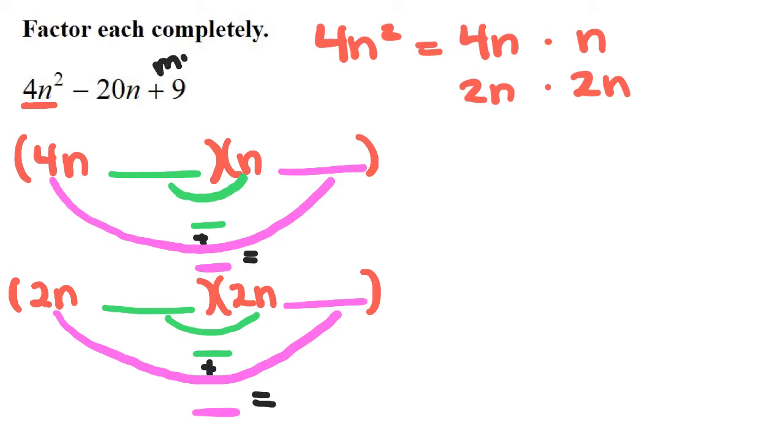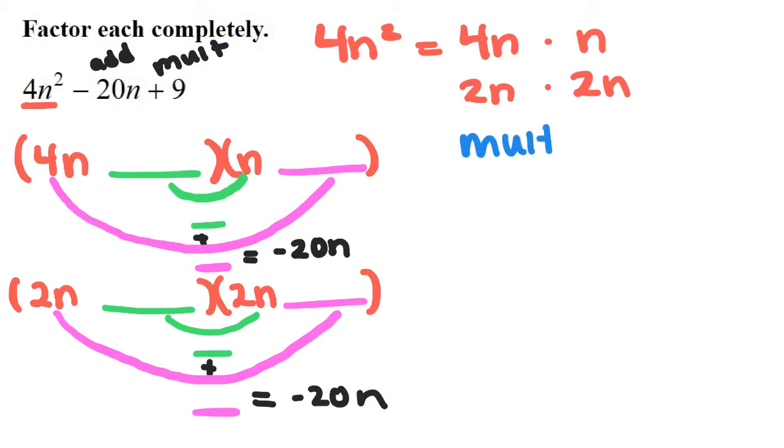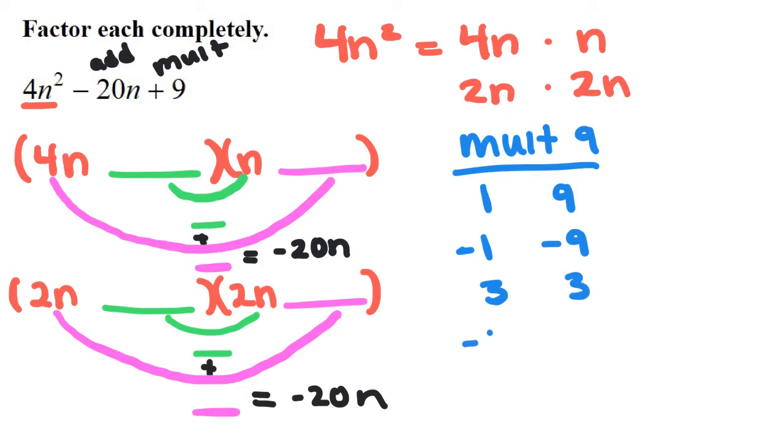So in this case, we want them to multiply to 9 and add to -20n. So if I first list what multiplies to 9, you can have 1 and 9, -1, -9, 3 and 3, or -3 and -3.